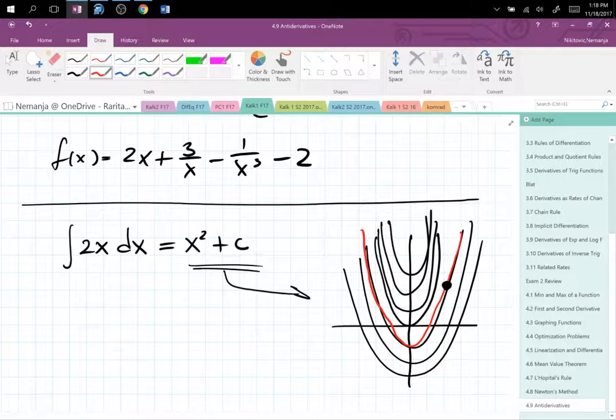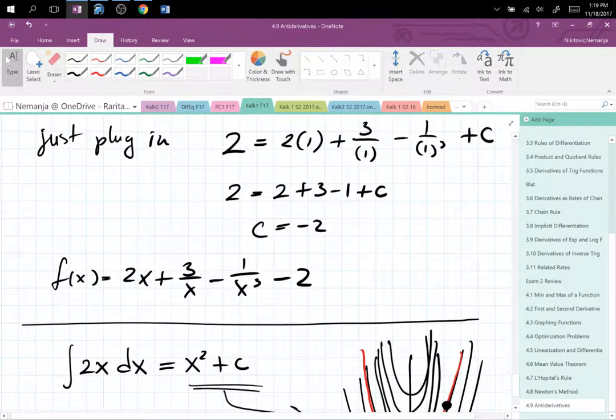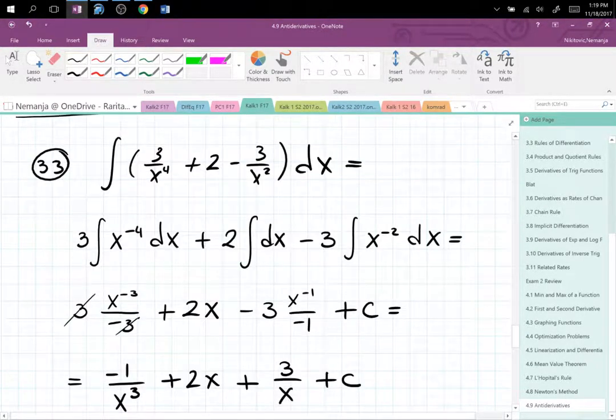So when I give you x squared plus c or whatever other integral we did today, you are stacking infinitely many, graphically, on top of each other. If I give you a point in space, exactly one goes to that point. And that's the one that you compute. So I give you x and a y, you plug in all of your x's, you plug in y, which is the entire integral equal to that, and the only variable you have is c.